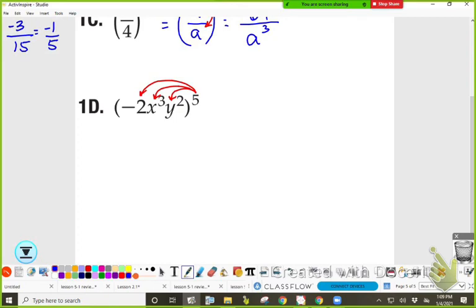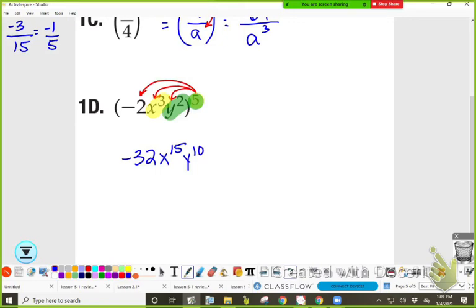Negative 32. Okay, now we have x to the 3rd raised to the 5th. When you have a power raised to a power, you multiply. 15. And then y squared raised to the 5th. Again, you multiply, so y to the 10th.